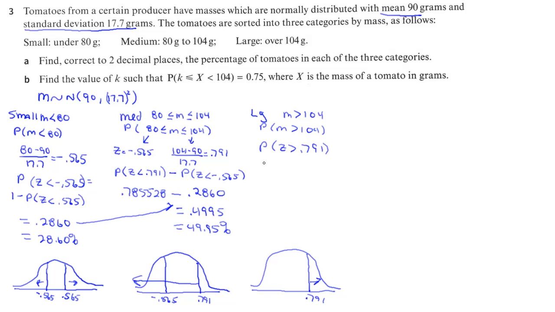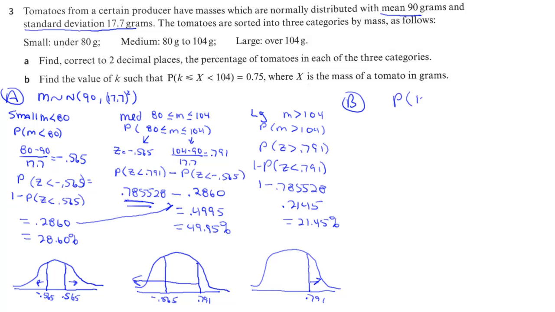So all I've got to do is find 1 minus the probability that z is less than 0.791. I've already figured out what less than 0.791 is. That's this 0.78528 thing. So if I subtract it from 1, I find out that I get 21.45%.